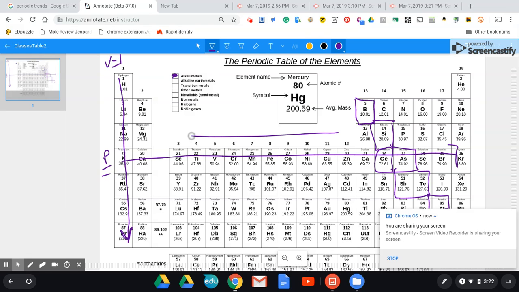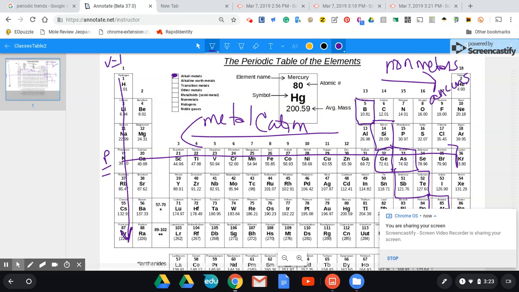So everything on this side is a metal. We called it cations because it likes to lose its electrons, becoming positive. Everything on this side of the metalloids are nonmetals, and they tend to be anions, and they gain electrons, making them negatively charged.